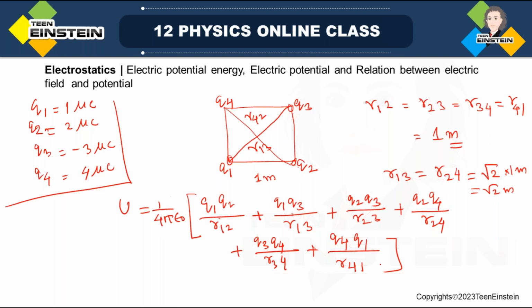So now here, if we write q1 and q2, I'll just erase and write here itself. Otherwise, we have to rewrite this on the other page. So q1 is 1 microcoulomb. I'm writing here. So 1 into 2 microcoulomb, 10 to the power minus 6. That could be taken here.